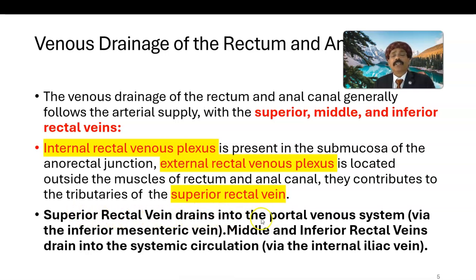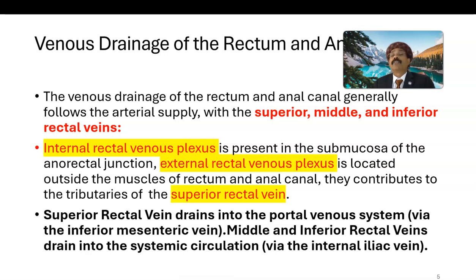The superior rectal vein drains into the portal venous system via the inferior mesenteric vein. The middle and inferior rectal veins drain into the systemic circulation via the internal iliac vein. So the rectum and anal canal is a site of portocaval anastomosis.